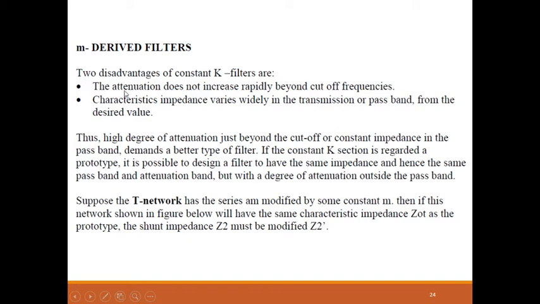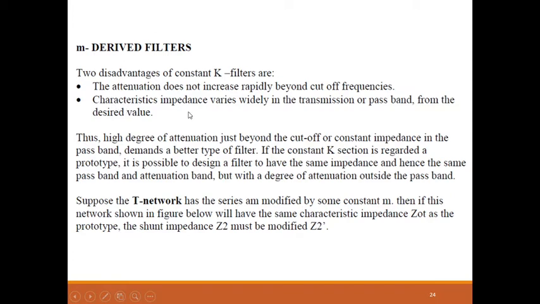This was the major drawback: the attenuation does not increase rapidly beyond the cutoff frequencies. It means we can vary the frequency only up to a certain region, that is, up to the cutoff frequency only.